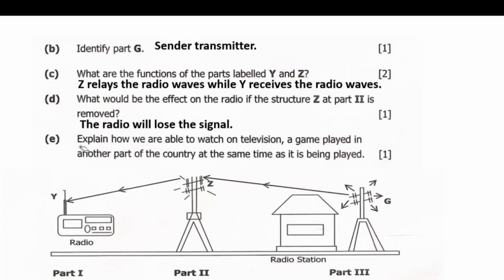Then E, explain how we are able to watch on a television a game played in another part of the country at the same time as it is being played.